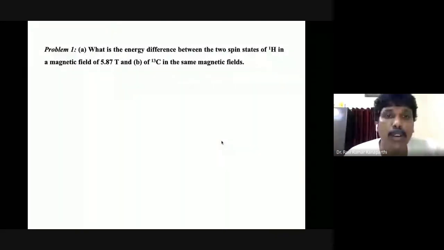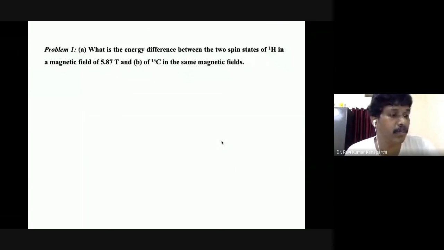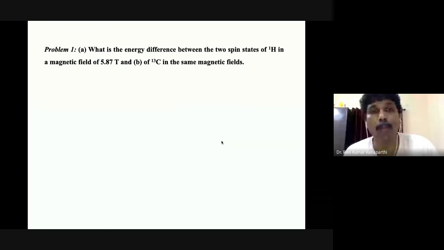What I wanted is that we try to estimate the Larmor frequencies of certain nuclei placed in an external magnetic field strength. So I request all of you, take a pen and try to work out this particular problem. What is the energy difference between the two spin states of a proton in a magnetic field strength of 5.87 Tesla, and of 13 carbon in the same magnetic field?